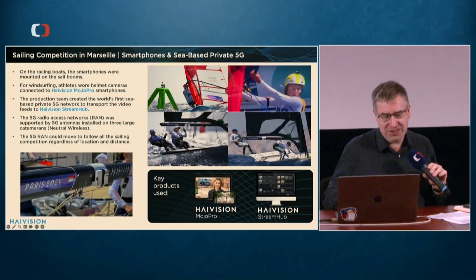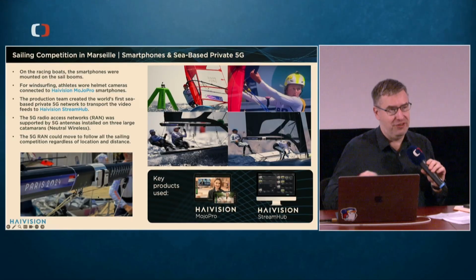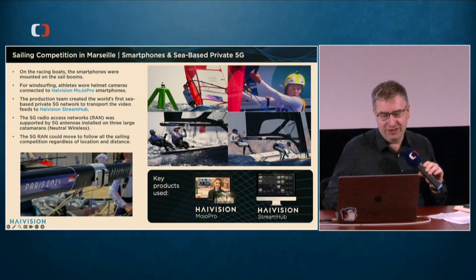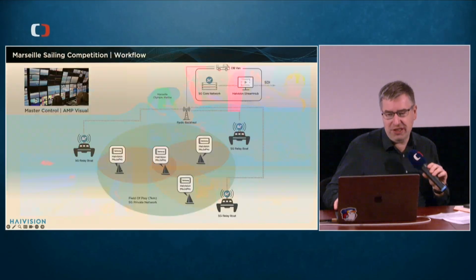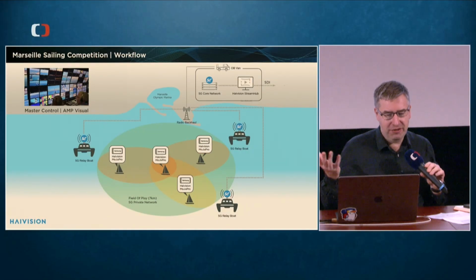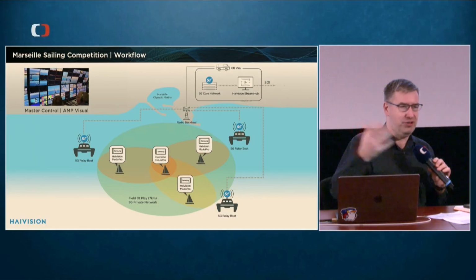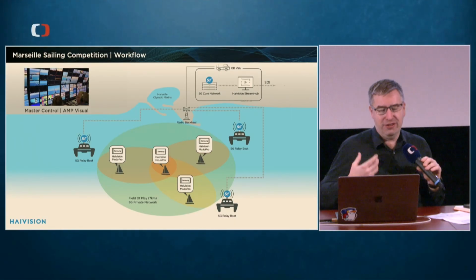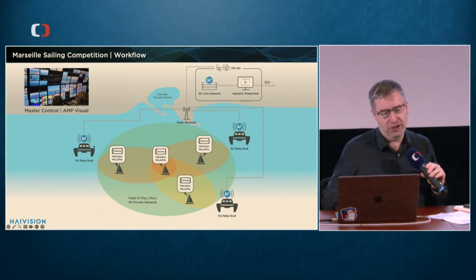And here you can see some different ways we had rigged the phones. And of course, sailing is its own challenge, because it always depends on the currents and the weather and the waves. So the whole network was floating.